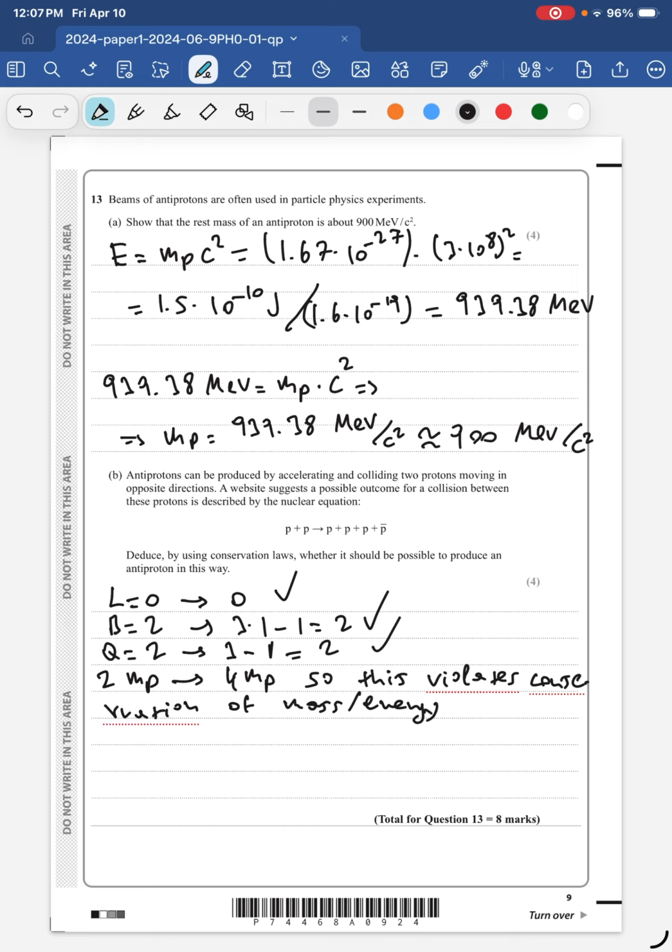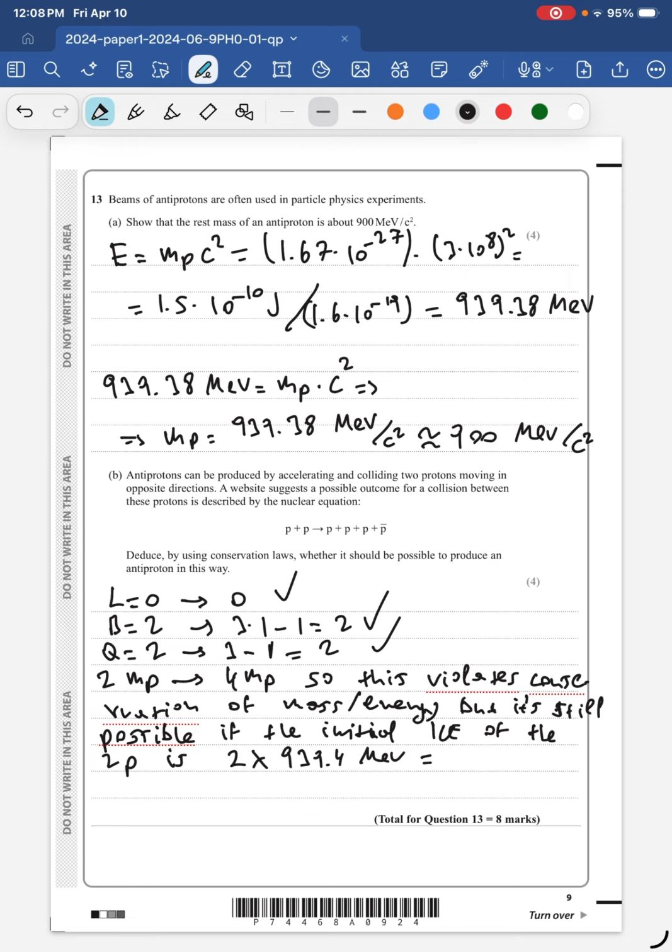Okay, but it is still possible if the initial kinetic energy of the two protons is 2 times 939.4 MeV, which is equal to 1878.8 MeV or higher. So you can still do it, but you have to provide this energy.